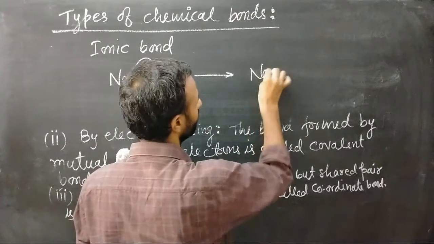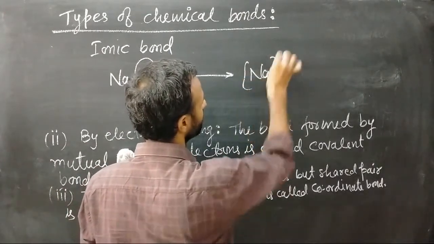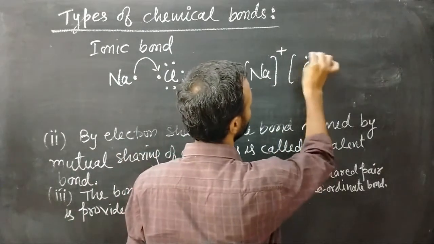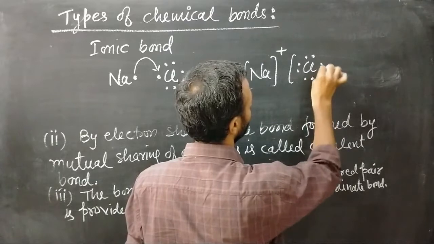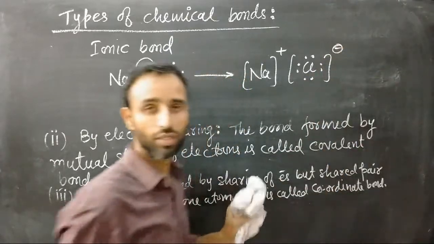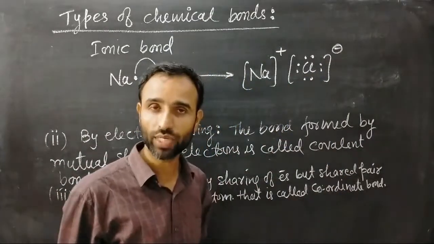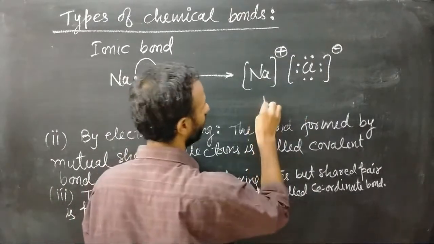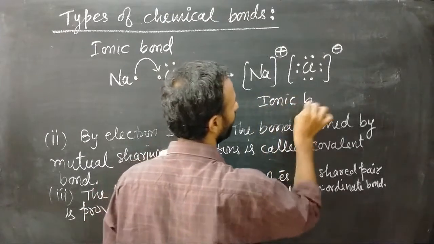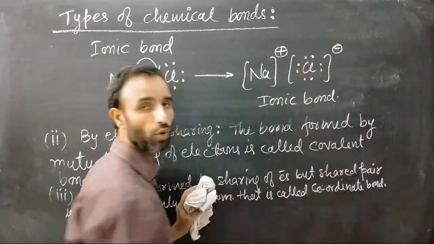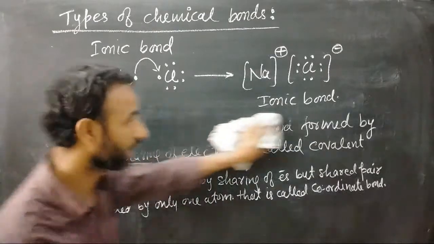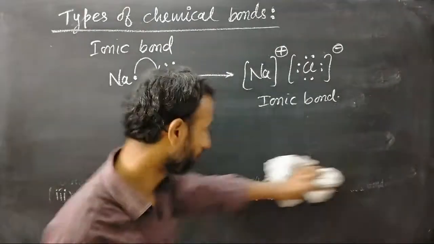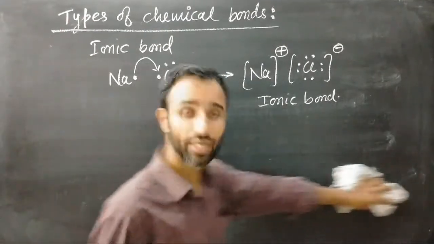Sodium becomes Na+ and chlorine becomes Cl-. This electrostatic force of attraction between the cation and anion is called ionic bond, because this bond is formed between oppositely charged ions by the transfer of electrons between the atoms.